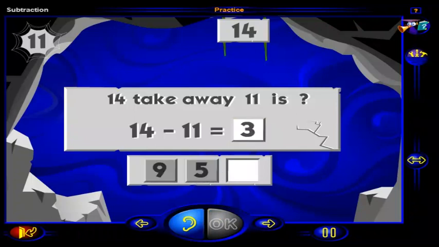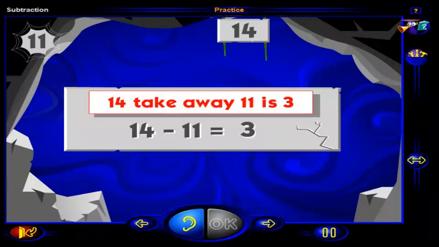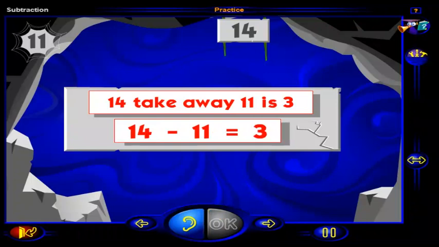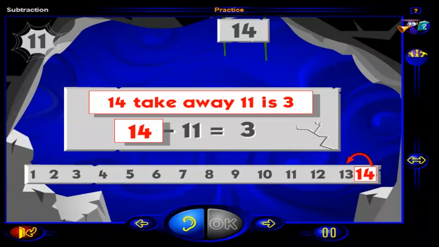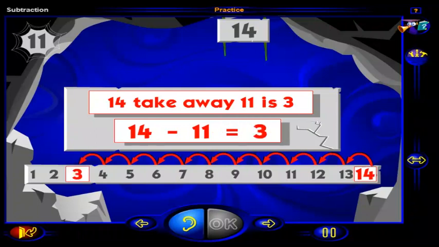That's right. 14 minus 11 equals 3. Starting at 14 and counting back 11, you get 3. So 14 minus 11 is 3.